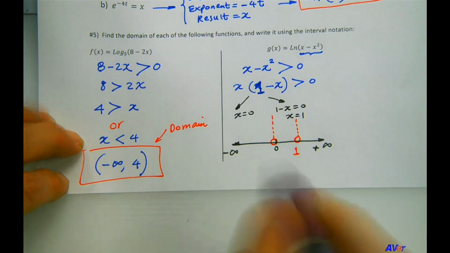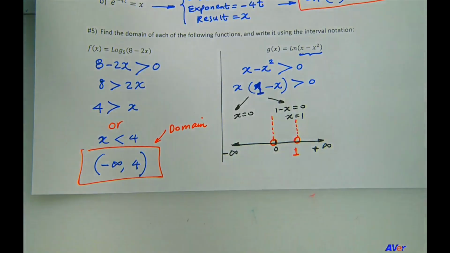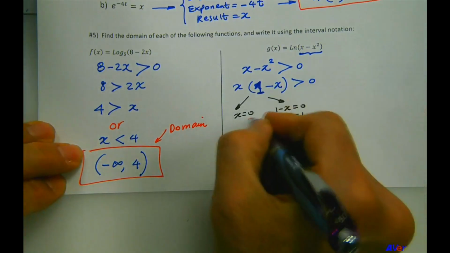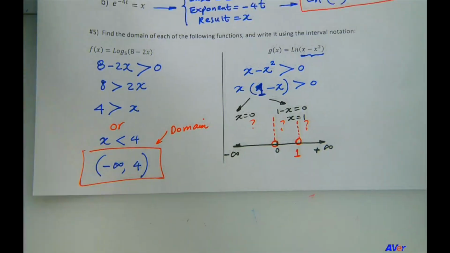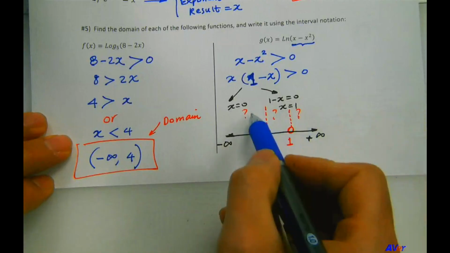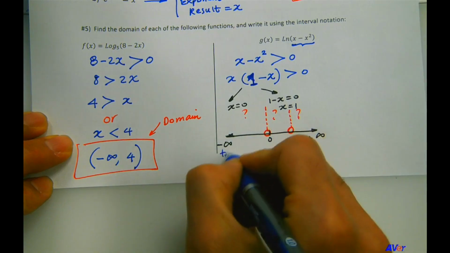By now you should remember what we used to do for solving quadratic inequalities, right? We checked each region to find where the solution is. So let's test the easiest number we can find in this region, which would be x equals negative 1.